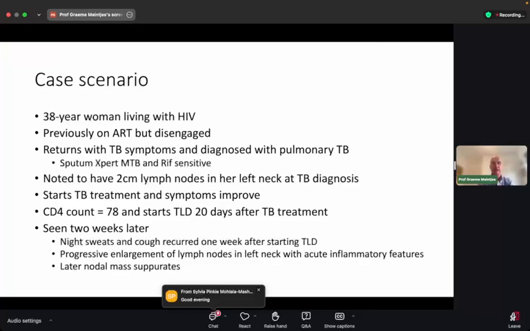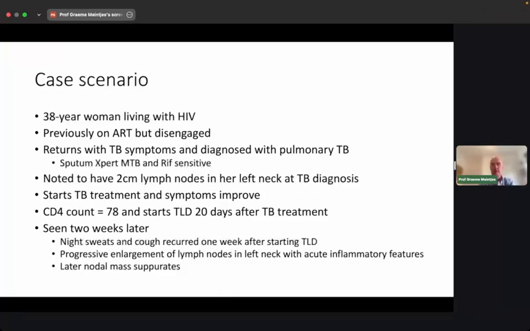38-year-old woman living with HIV. Previously, she had been on ART, but had disengaged and returns now with TB symptoms and is diagnosed with pulmonary TB on the basis of a sputum Xpert that shows MTB and is RIF sensitive. At the time of the TB diagnosis, she's noted to have 2 centimeter lymph nodes in her left neck, but they're not causing any symptoms.